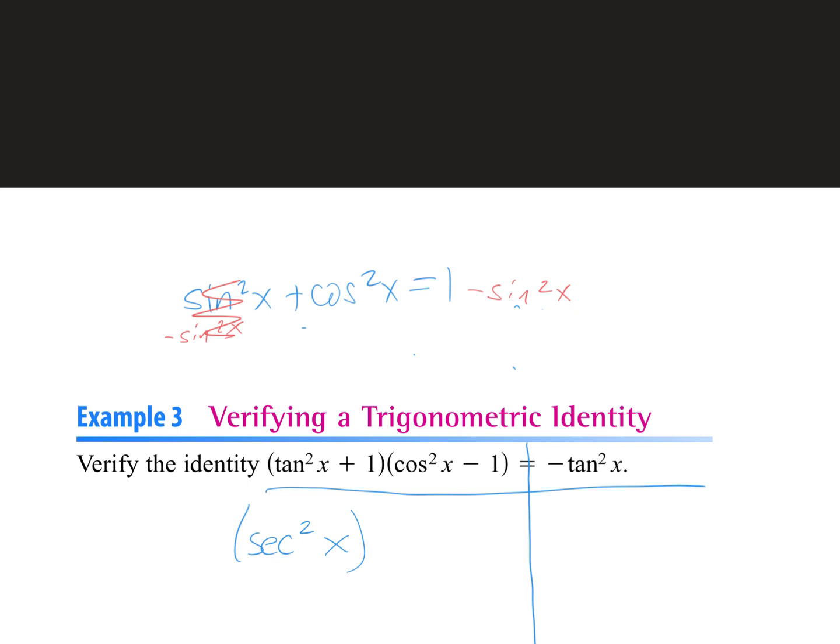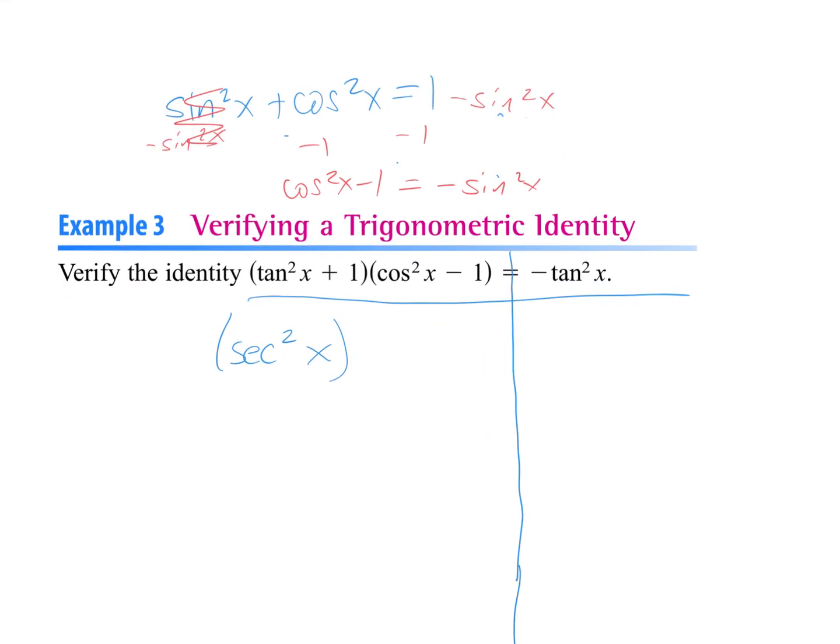My equation said cosine squared minus 1 equals something. I could subtract the 1 here. Very good. So cosine squared x minus 1 equals negative sine squared x. Remember, we think algebraically. All you guys did was just move stuff from one side to the other. That's it. So I'm going to replace this cosine squared minus 1 with negative sine squared.